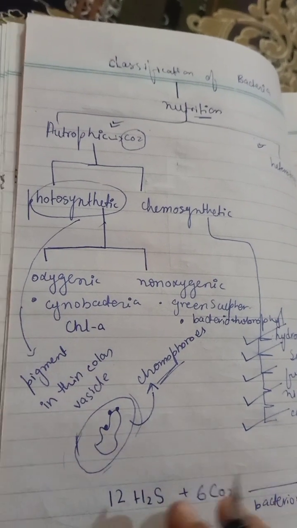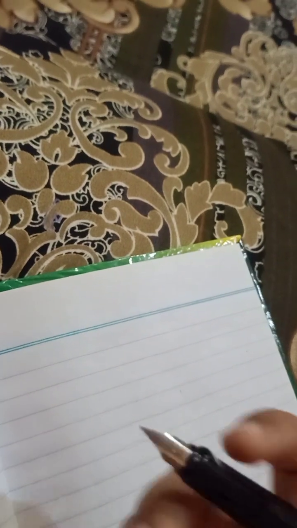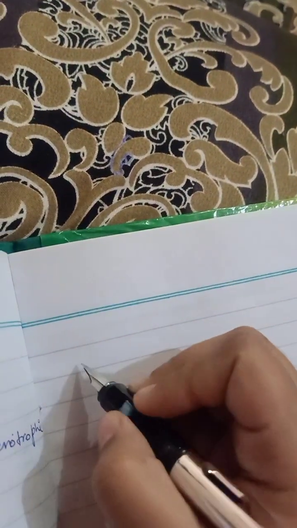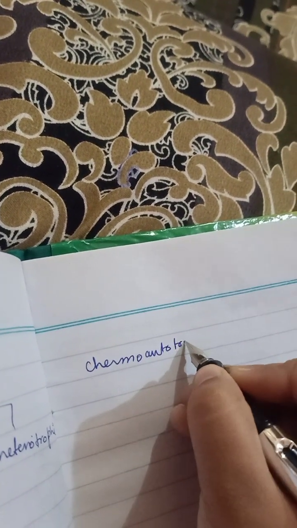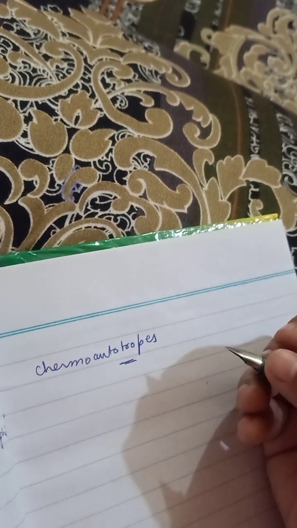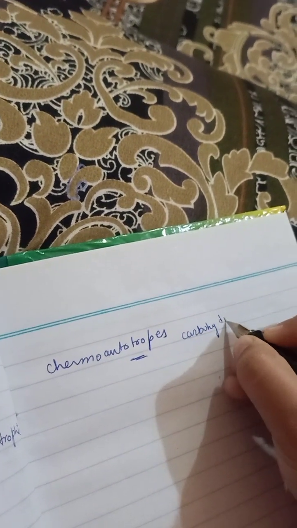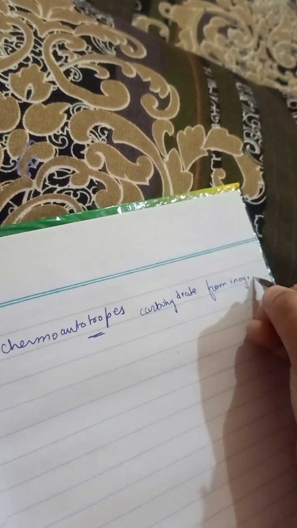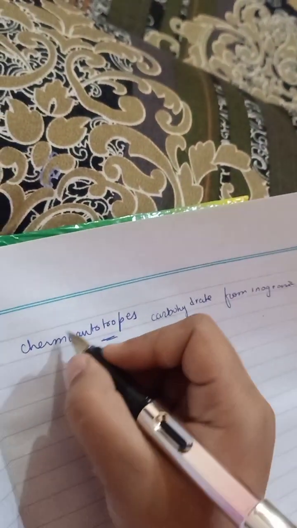Now the chemoautotrophs. Chemoautotrophic bacteria make carbohydrate from inorganic substances. They do not use light energy.